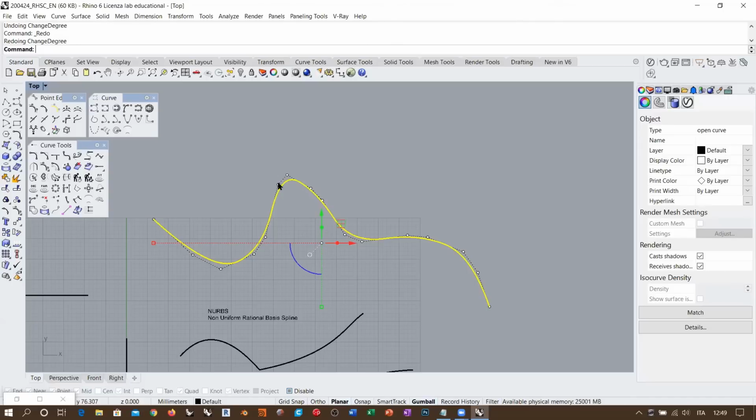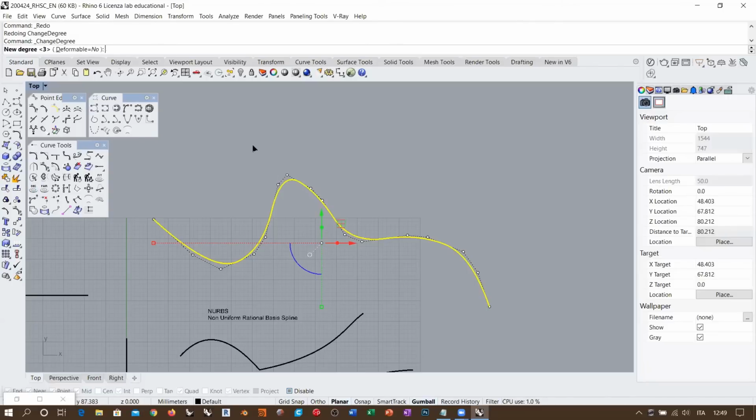If I take this curve, repeat the change degree, and I want to edit this curve in a smoother way. The reason why we might want to do this is because we want to change the shape of this curve smoothly, right?